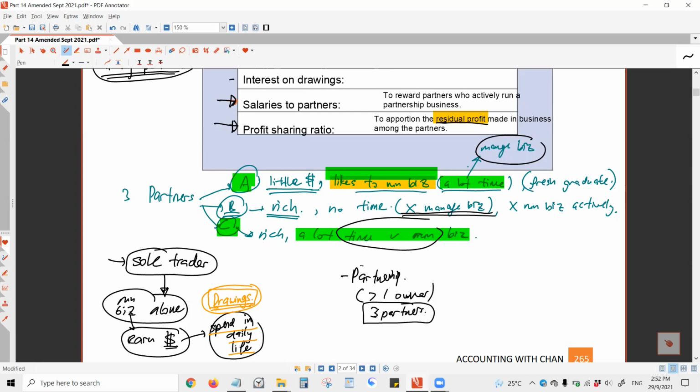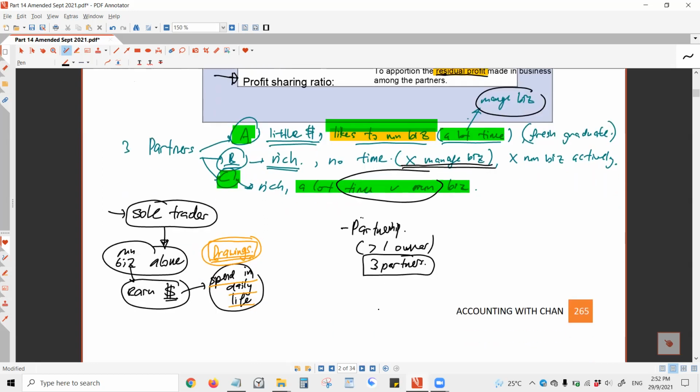You see, this is what happens when every partner is allowed to take however much drawings they want. At the end of the day, you will have problems in running the business. Agree? Because in a business, you must have some money left. Otherwise, from time to time you have to make payments to the supplier, pay for electricity and so on.